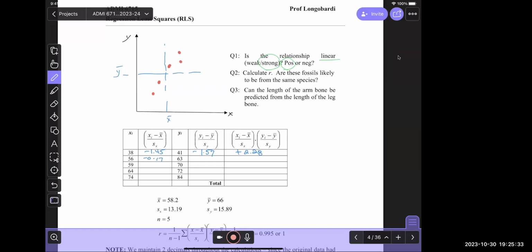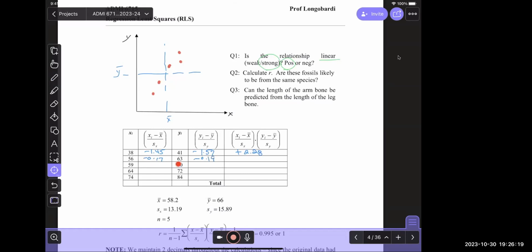Okay, and then for the Y, I have negative 0.19.